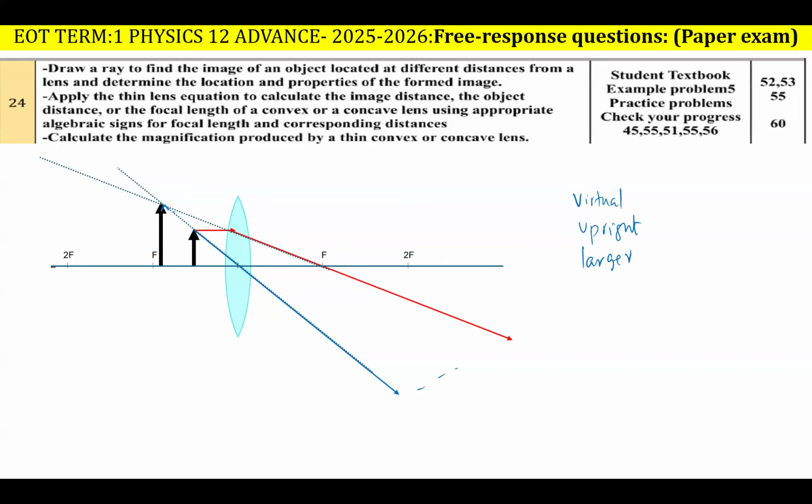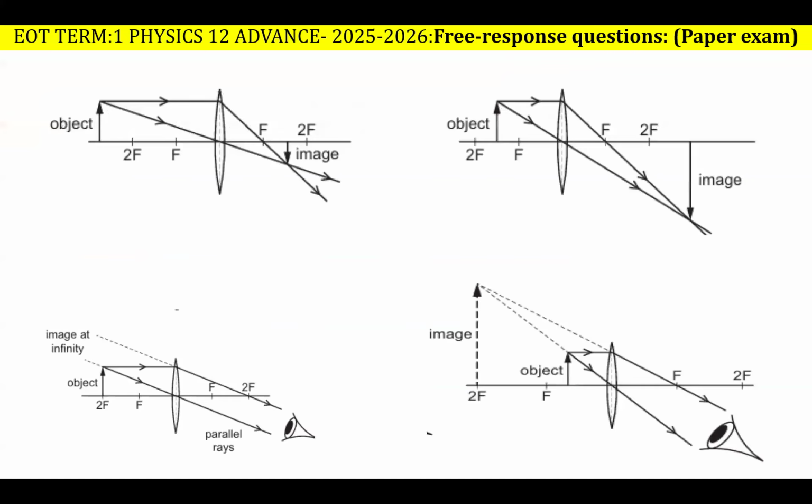So if they are asking you to draw the image formation for a convex lens as a magnifying glass, this is the diagram which you need to draw, because whenever we are using it as a magnifying glass, we keep the object between the focus and the lens so that we get an enlarged virtual image. Okay, these are some of the other diagrams.